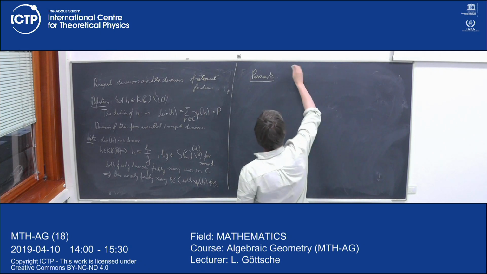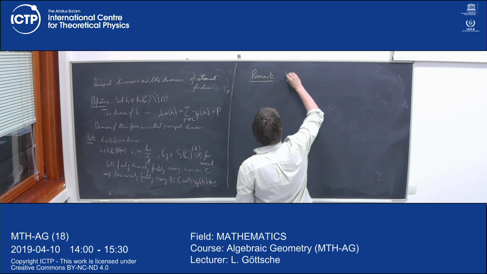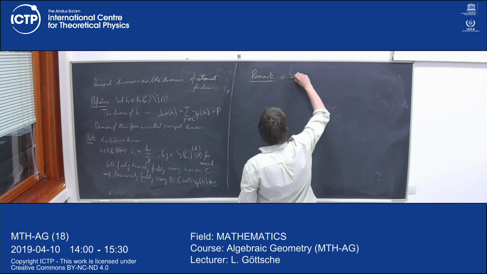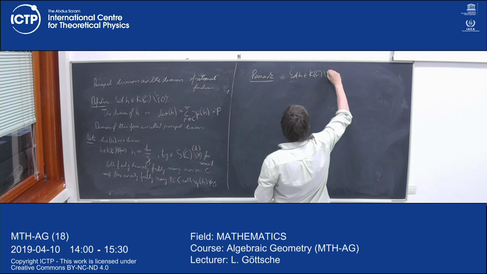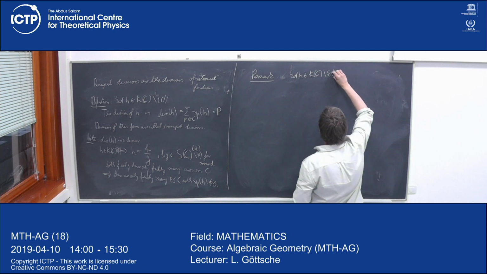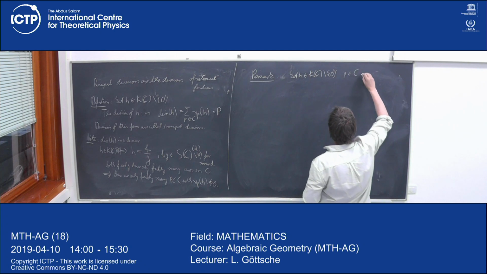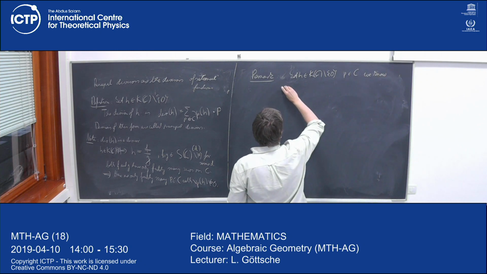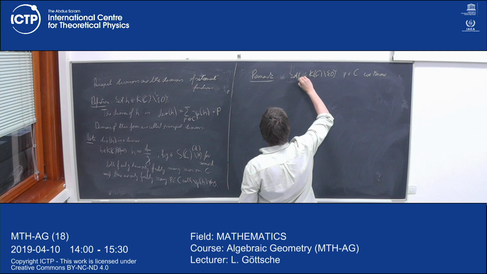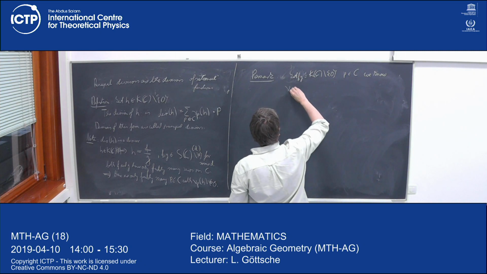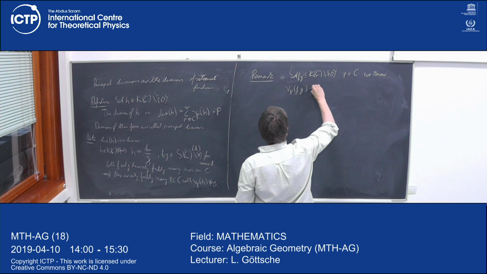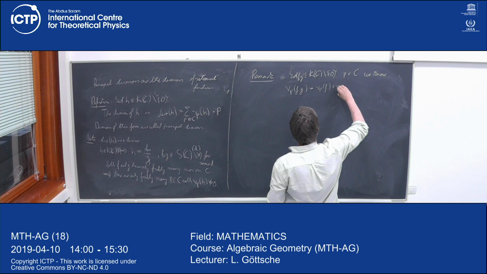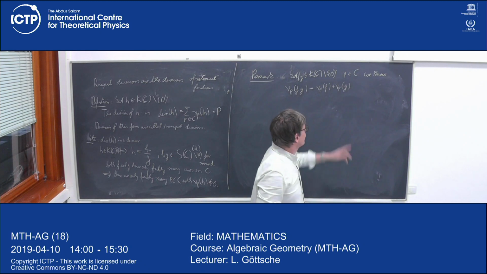By what we have shown before, let H be an element in K(C) without 0, and P in C, then we know that for F and G, nu_P of F times G is equal to nu_P of F plus nu_P of G. This is true for all points.